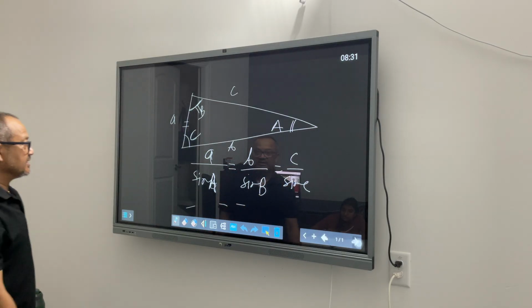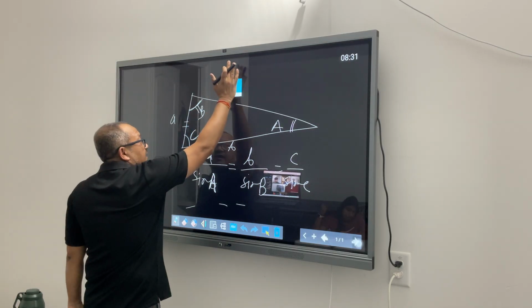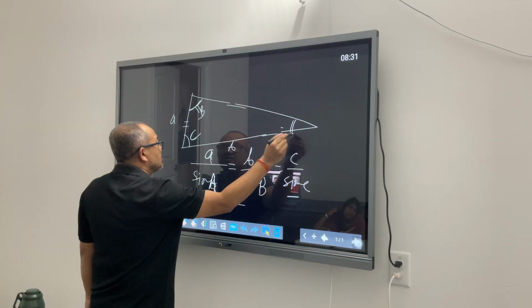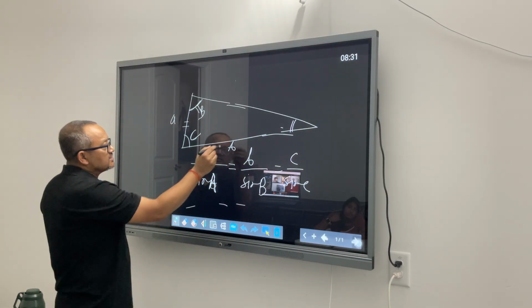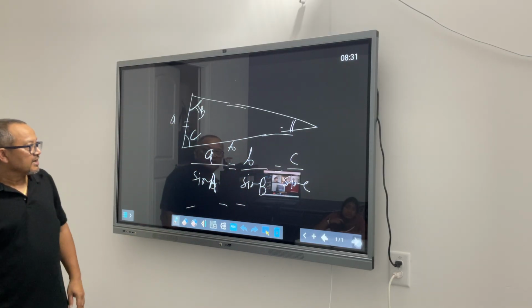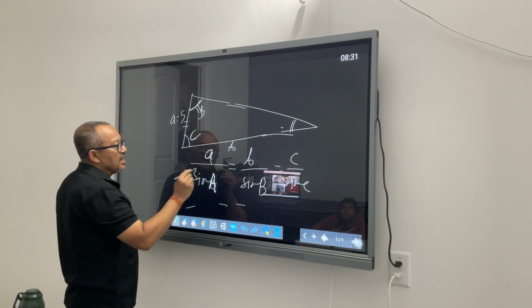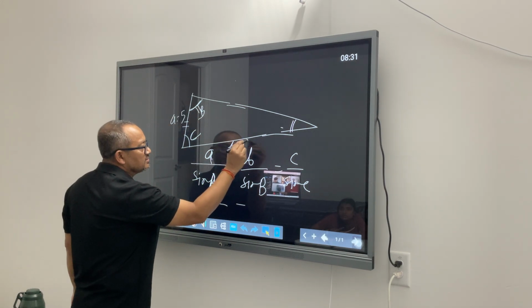So let's look at a case. Let's say I have this side's length known and this side's length known. In this triangle, I know this side's length is, let's say, 5 centimeter, and this side's length is, let's say, 12 centimeter.